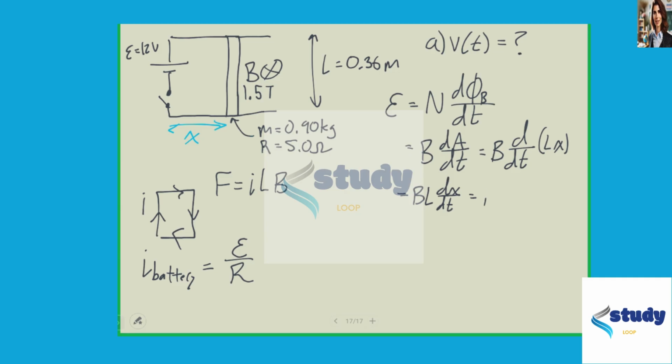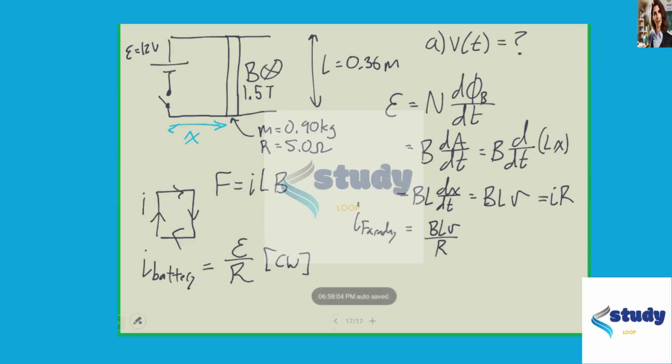It's the speed. So this is BLV. And then from Ohm's law, this is equal to IR. So the Faraday current is BLV over R.